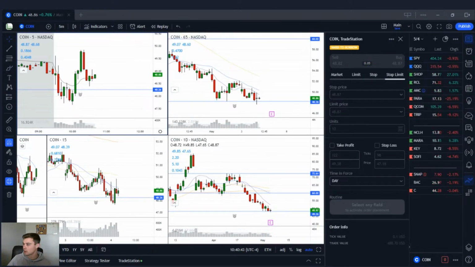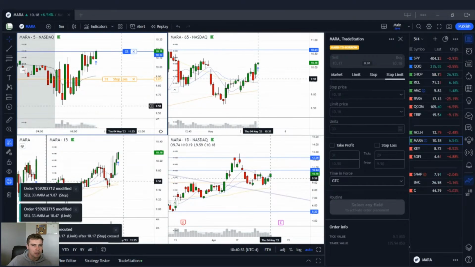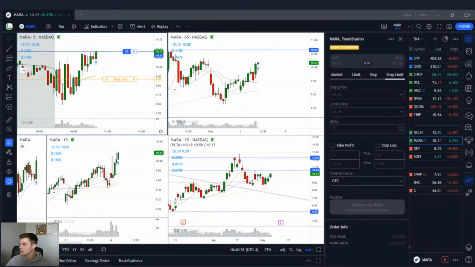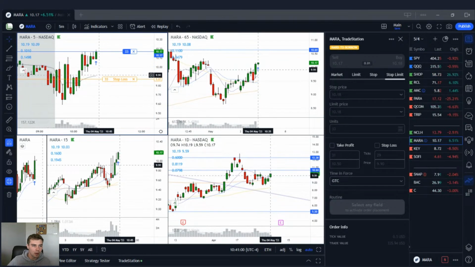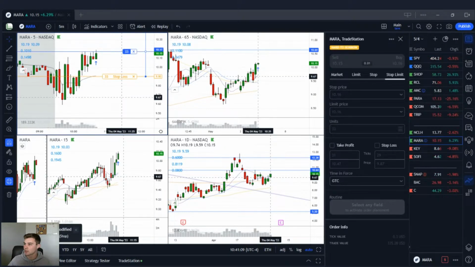All right, so orders in there on MARA. 1017 buy. We are in there. 1017 by 987. MARA. We are in the MARA. So right away, 30-cent stop loss. I'm going to go ahead and raise it up 3 cents. So now it's 0.9R. 0.9R risk on MARA.